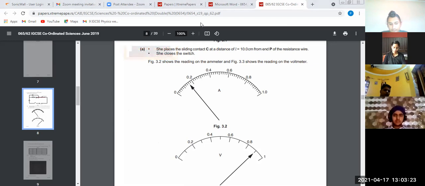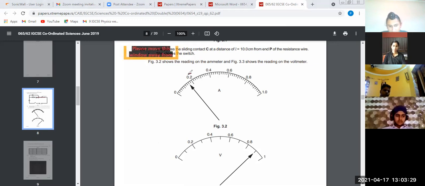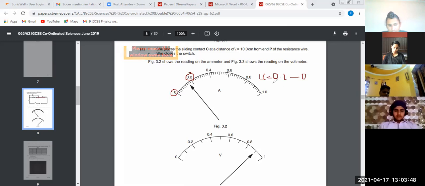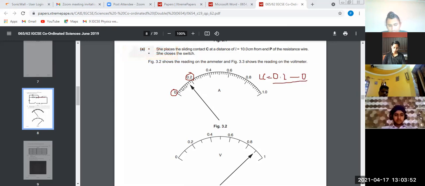Fine. Any confusion, kindly correct that. Okay, so whenever we have to find it out, we will see that in what two values it is placed. It is placed between 0 and 0.2. First we will find the least count. What is the least count? How can we find that? 0.2 minus 0, that is the upper minus the lower, divided by the number of gaps in between.